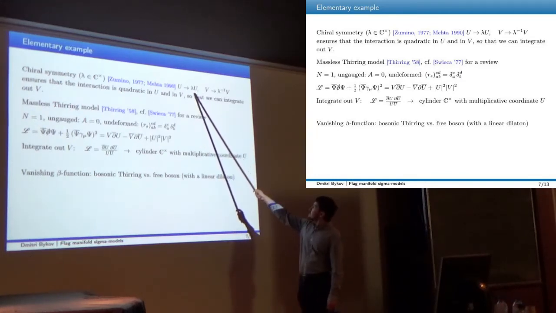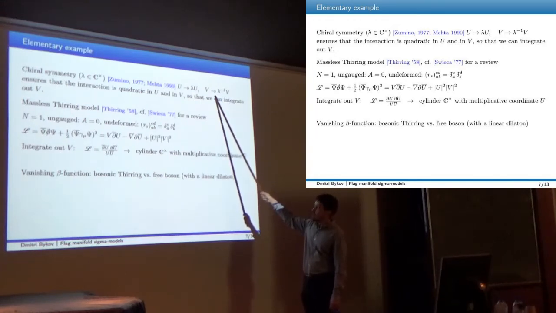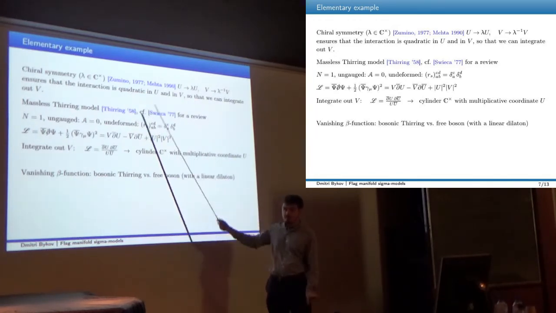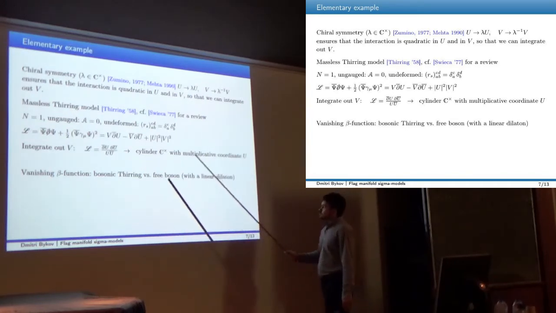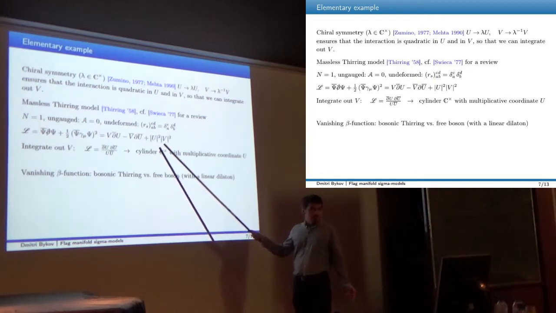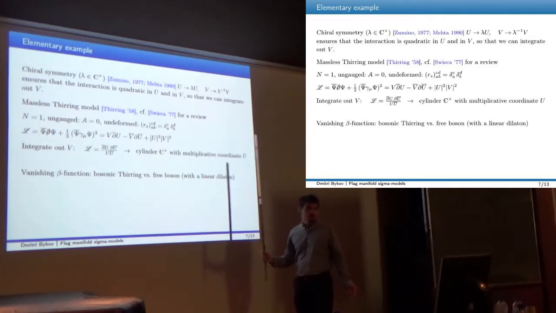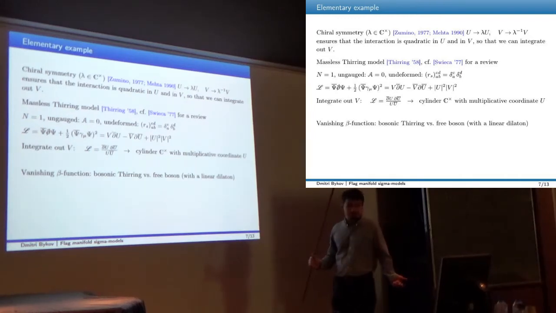They act by scaling U and V by opposite factors of lambda, where lambda is a complex number. That's chiral symmetry in Euclidean signature. What it ensures is that the interaction is quadratic in U's and quadratic in V's separately. It doesn't have terms U to the fourth or V to the fourth, which would not be chiral invariant.